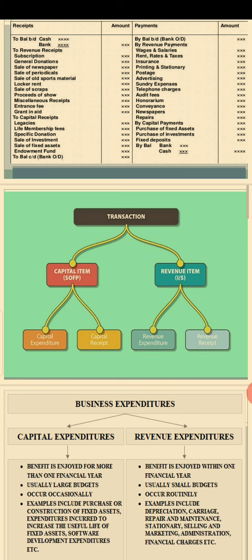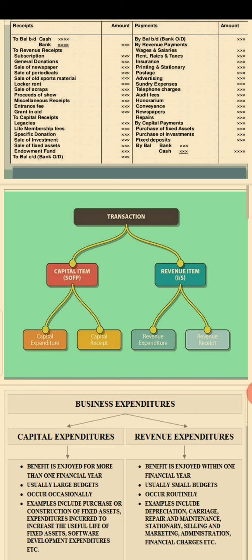Examples of capital receipts are received specific donations, not general. Legacies means someone donates their money or property after their death. That is known as a legacy. And life membership fees received, etc., are known as capital receipts.